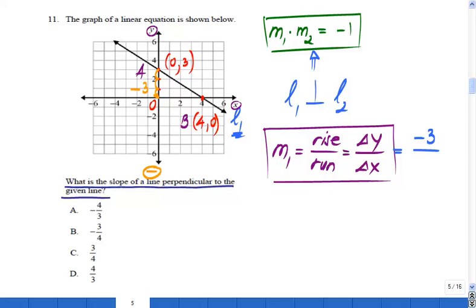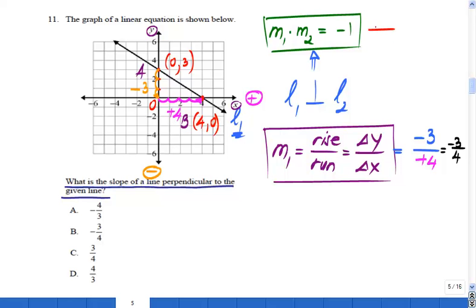From here I have to move 1, 2, 3, 4 units to the right to get to B, but because I'm moving into the positive direction of my x-axis, that will be +4. And your slope m1, because we're talking about line L1, is -3 over 4.